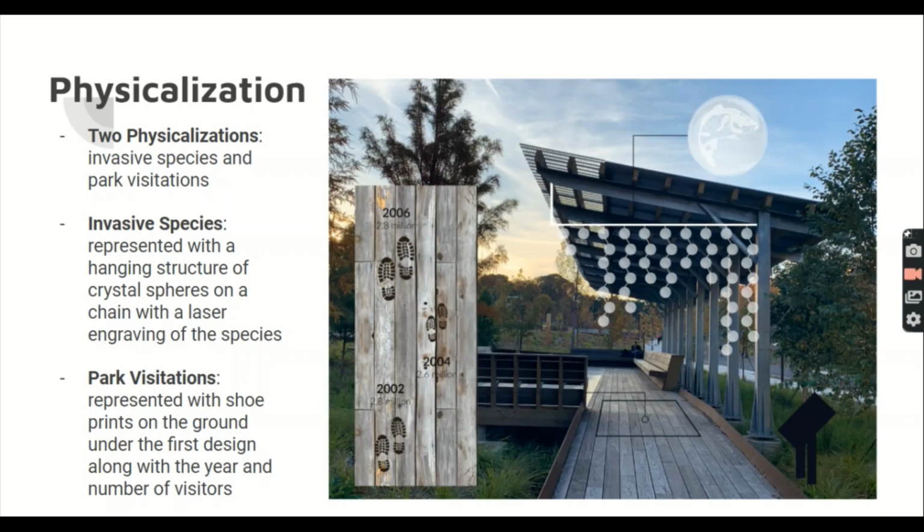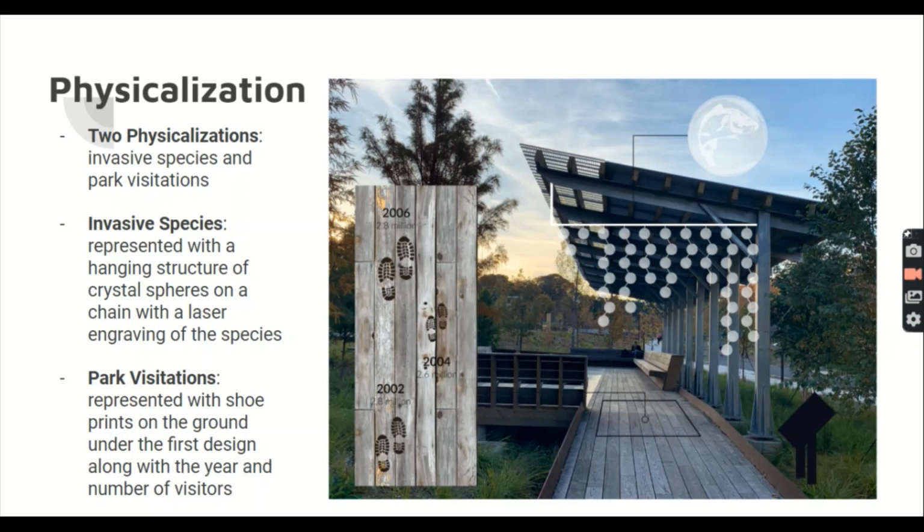For our physicalization, we decided to split the data into two opposite visuals, one for park visitations and one for invasive species. Invasive species will be represented with a hanging structure of crystal spheres on a chain with a laser engraving of the species, and park visitations will be represented with shoe prints on the ground under the first design, along with the year and the number of visitors.